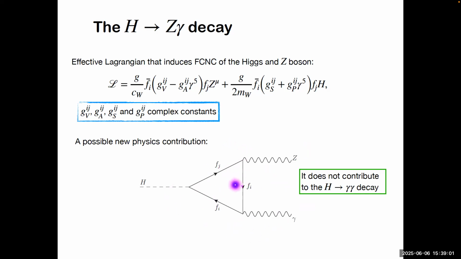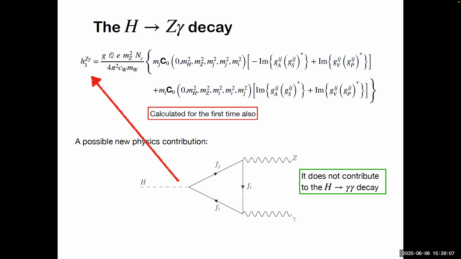You can note that we have flavor violation in this vertex and also here. I can compute the Feynman diagram, and I can find that if I include that effective Lagrangian, I can induce the CP violating term, which again is not possible to induce in the standard model.